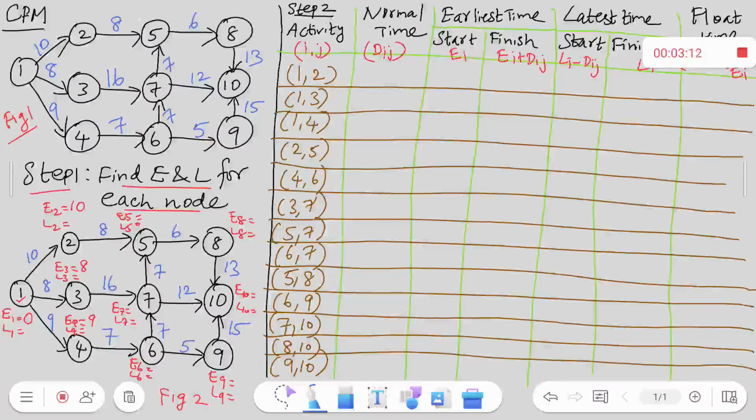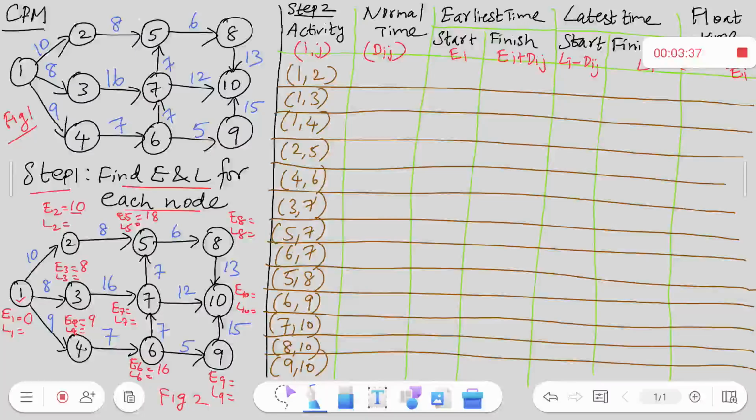Similarly, from 2 to 5, it takes 8 units of time. But already to reach 2, we have taken 10. So 10 plus 8 is 18. Then you come to 1 to 4 to 6. At 4 I have 9. When I add 7 with it, my E6 becomes 16.